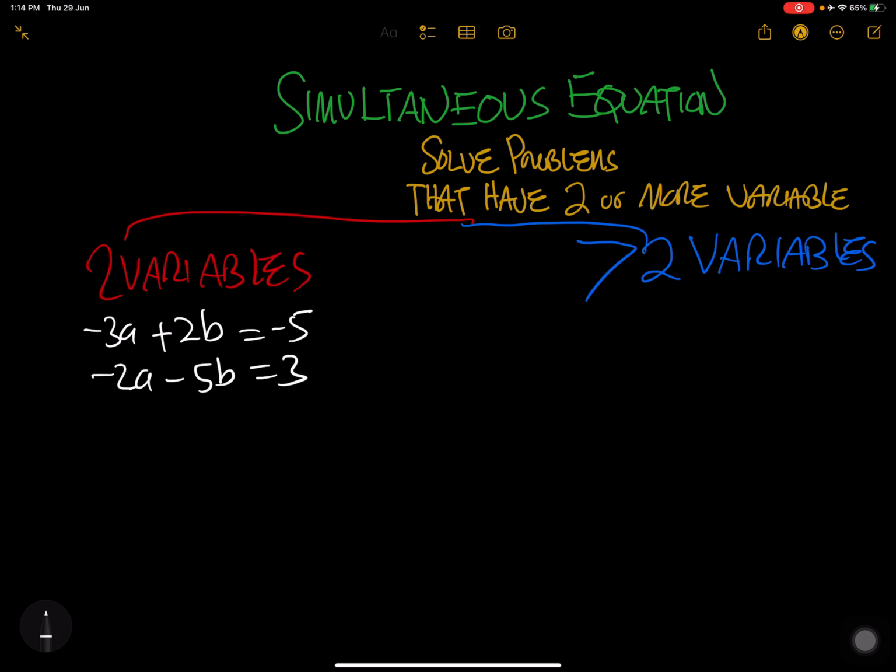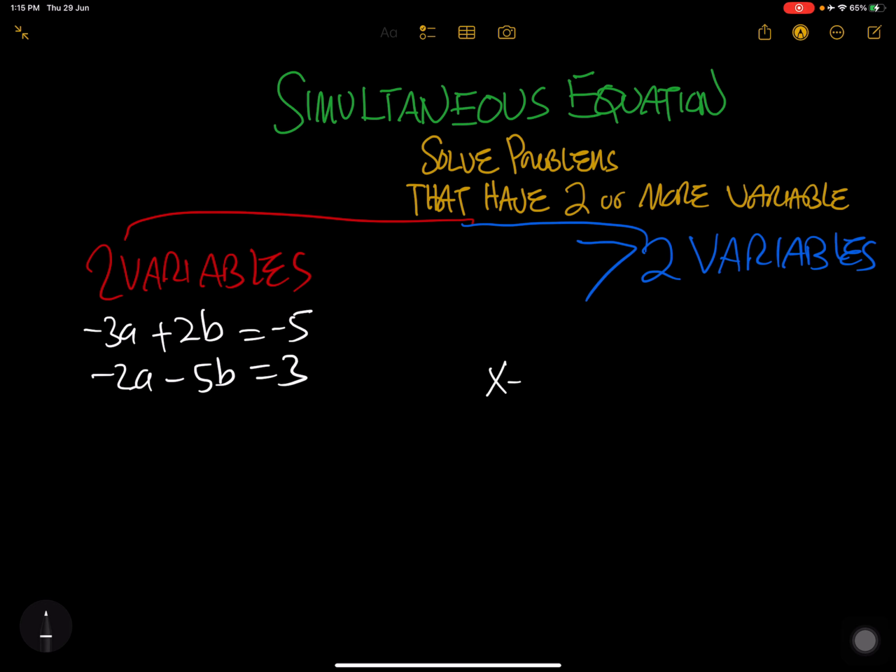When does this happen? Maybe you want to find out the cost. You want to do some computation between a table and a chair. The table could be the a and the b could be the chair. There's data you have gathered for table and for chair, and you want to see how you can solve it. You can do that because there are two or more variables.